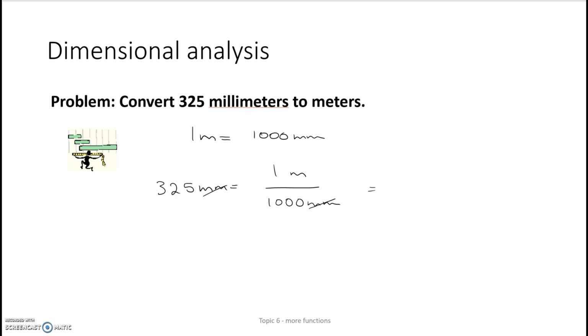Then we end up with 325 meters over 1,000, which is 0.325 meters.